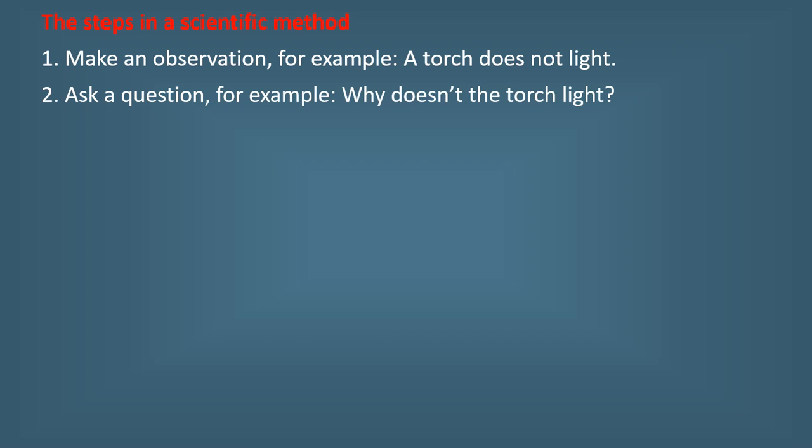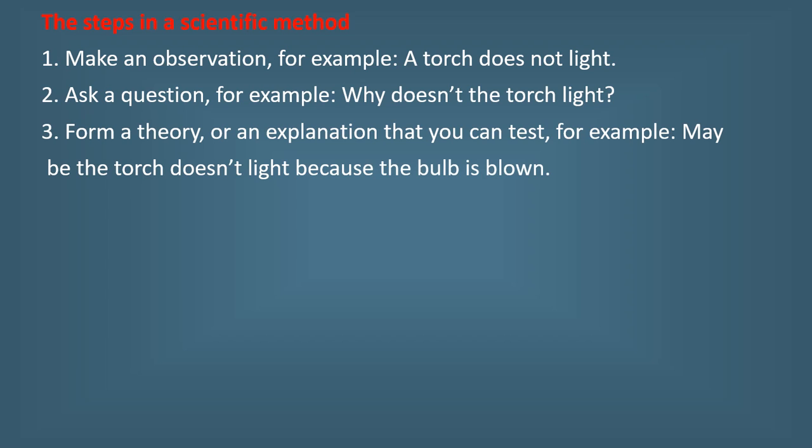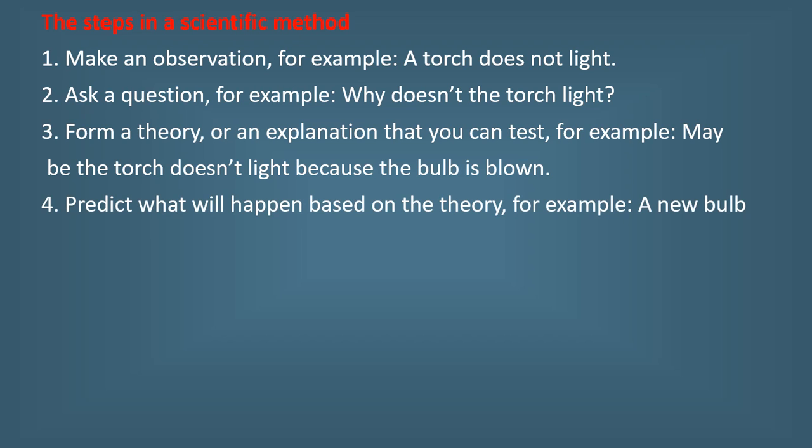Why isn't it lighting? So that is the question. Step number 2. Step number 3, form a theory or an explanation that you can test. For example, maybe the torch doesn't light because the bulb is blown, or the dry cells are not working.